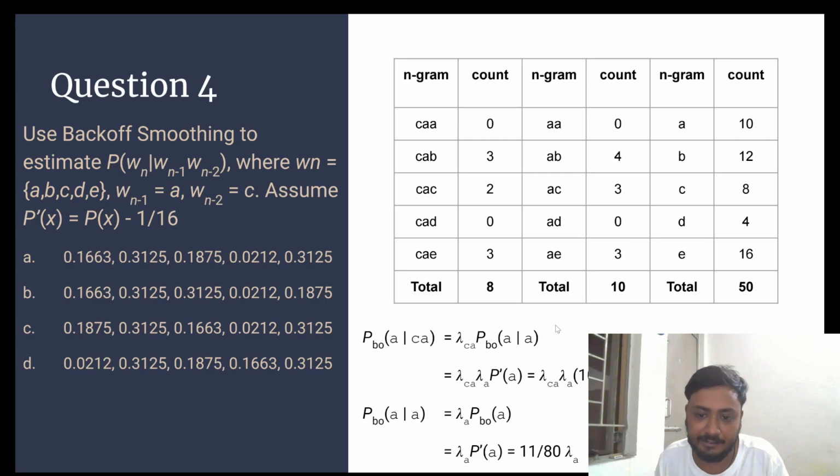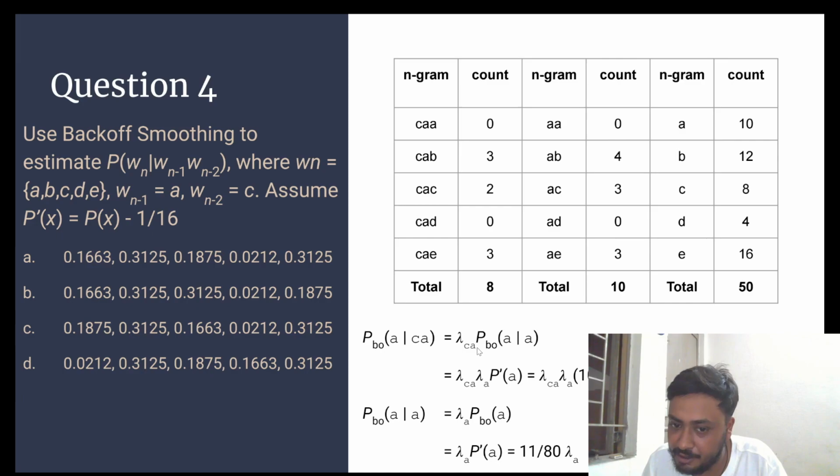Don't get confused. I am using the very formulas which have been taught to you in the lectures. So when it is 0, we use lambda into probability of the lower n-gram. So it was trigram, we use probability of the bigram when the actual thing is 0.